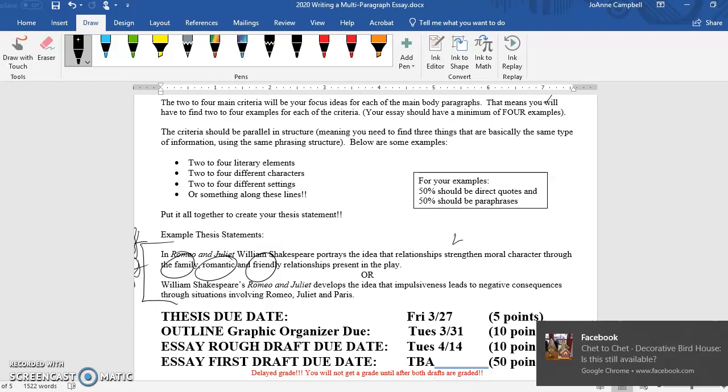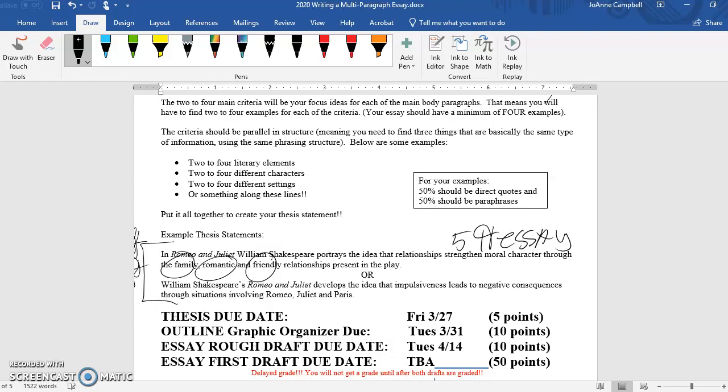So that would be a 5-paragraph essay. If you wanted to make this a 4-paragraph essay, just take off one of the ideas, and then it becomes a 4-paragraph essay. The next thesis statement: William Shakespeare's Romeo and Juliet develops the idea that impulsiveness leads to negative consequences through situations involving. We'd have a Romeo paragraph, a Juliet paragraph, and a Paris paragraph. Love it, love it, love it. Okay, so that is what we're going to be working on.